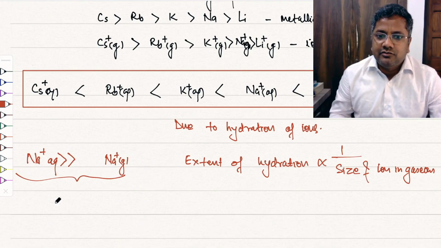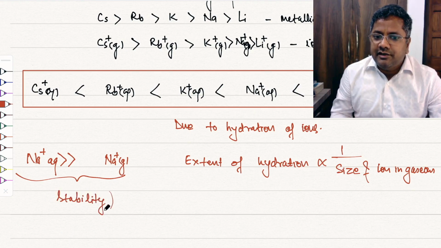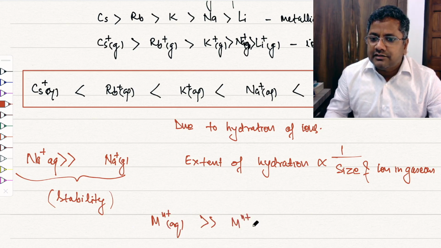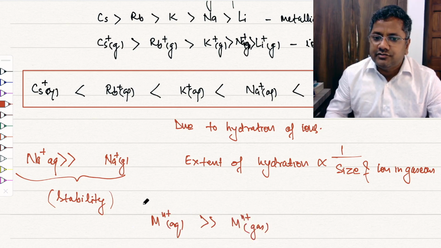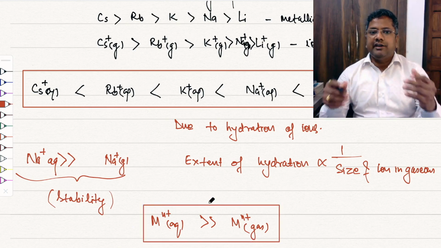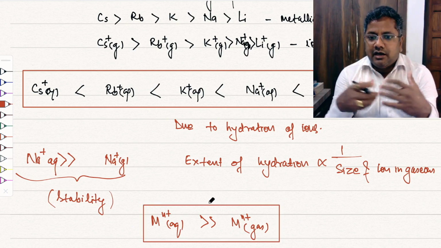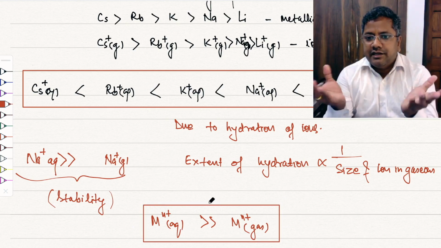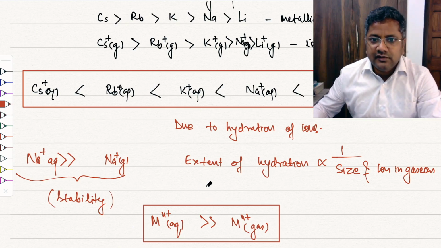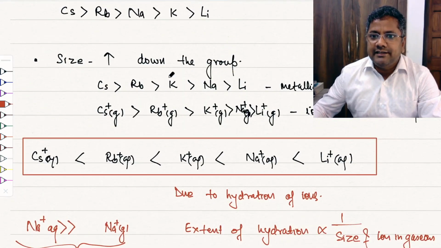So we can make it a general statement that Mn plus aqueous, any ion, is more stable than Mn plus gaseous, because in aqueous medium, due to hydration, the energy of the system decreases, and energy and stability are inversely related. So this is all about the size.